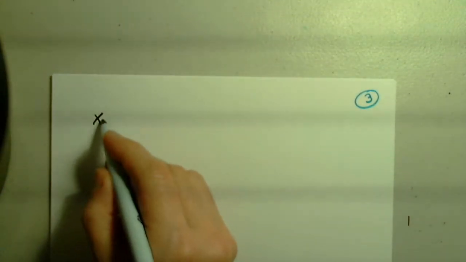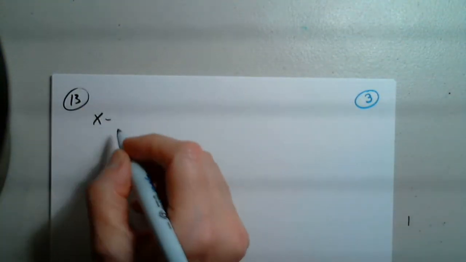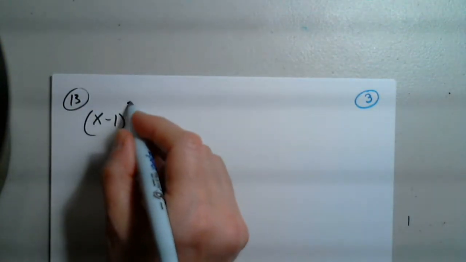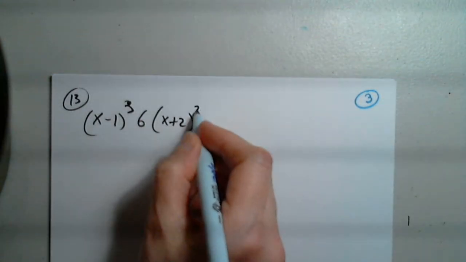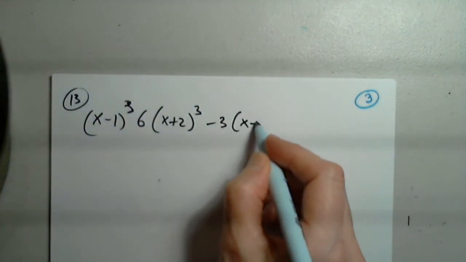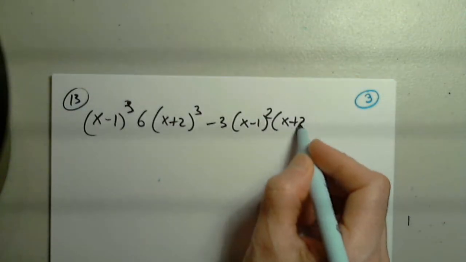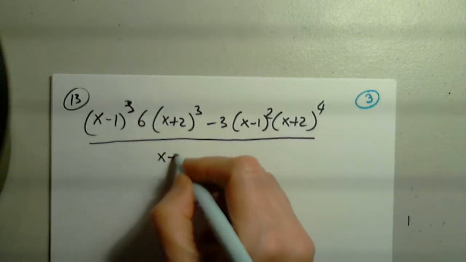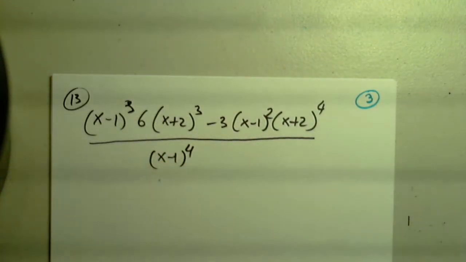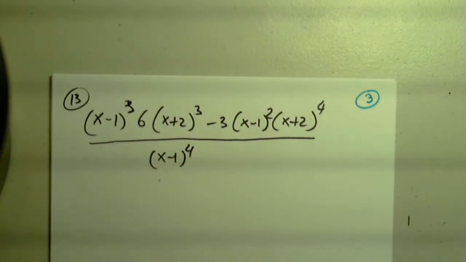So this is 13. (x minus 1) to the third times 6 times (x plus 2) to the third, minus 3 times (x minus 1) squared times (x plus 2) to the fourth, and everything divided by (x minus 1) to the fourth. Awesome. Okay.